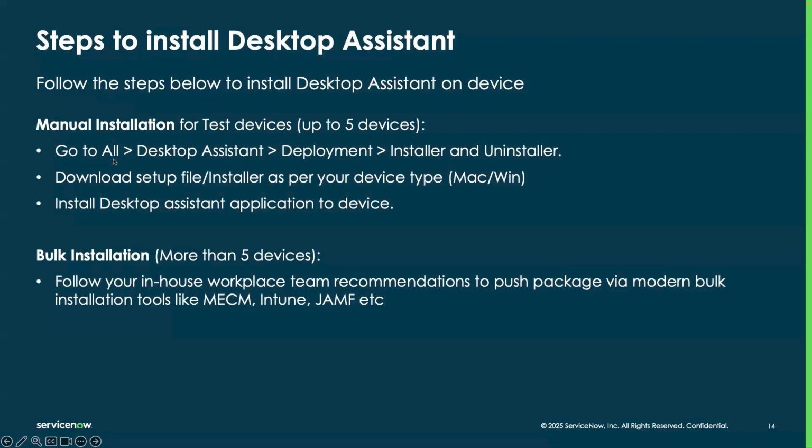Go to All in the ServiceNow instance, Desktop Assistant, and go to the deployment page here by following the installer and uninstaller command. Here on this page, you can see the setup file as well as the installer as per your device type. If you have Mac or Windows, you can download the package and simply install the desktop assistant application on the end user device.